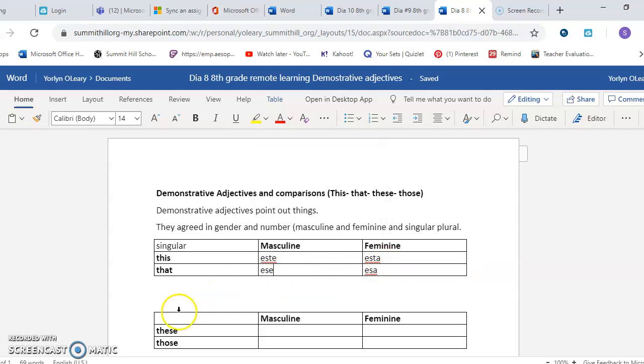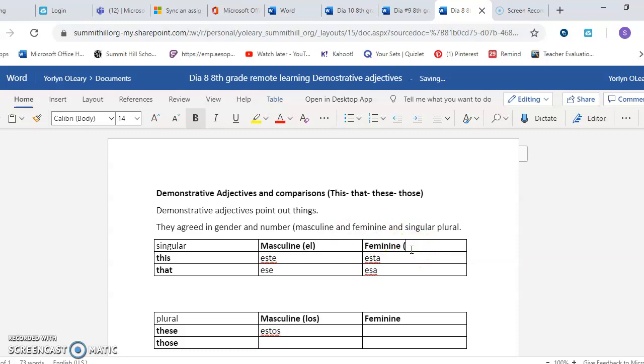All right? Then this right in here should be the plural forms. So if I want to say these, sorry about my accent, I am going to say estos. And remember, masculine words, those that the definite article is los. Masculine singular will be the ones with el.